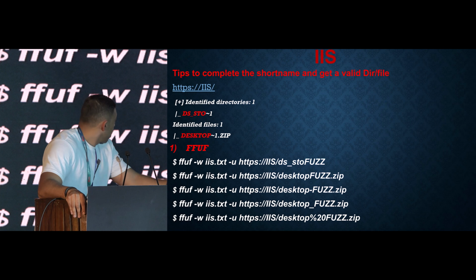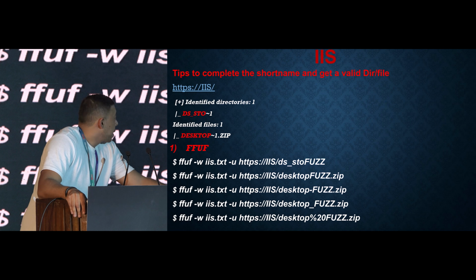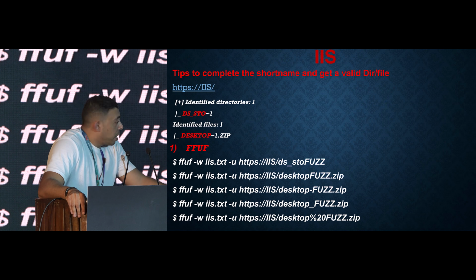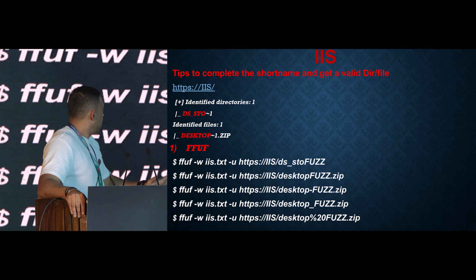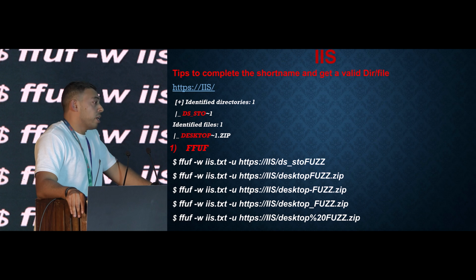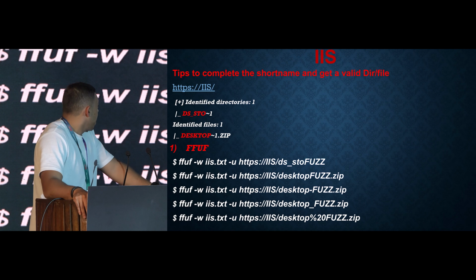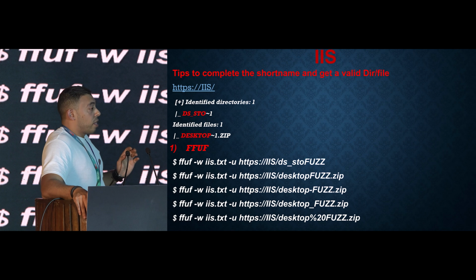So the first thing we are going to do on the directory is running FFUF for fuzzing after STO. My wordlist supports these words, it can complete this. But if it does not work, there are other tips. We will come to it. Now let's come to the backup file that I want to complete now.